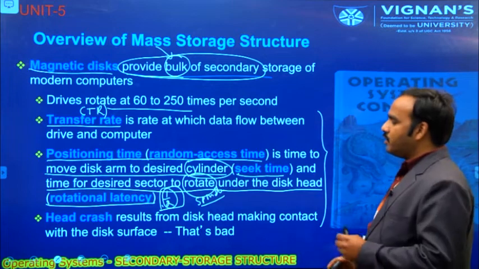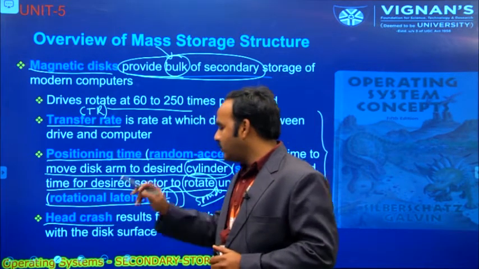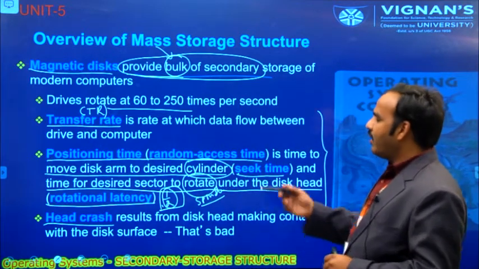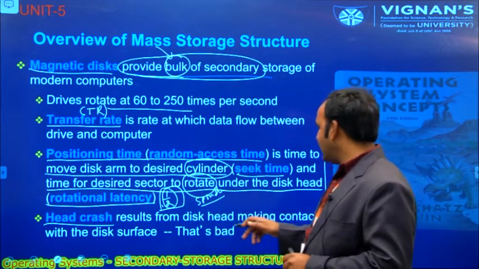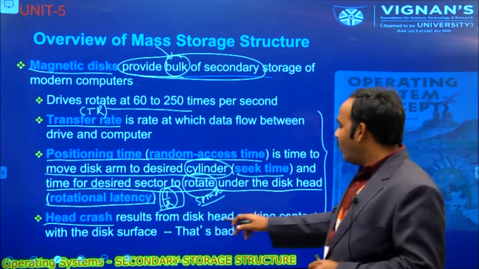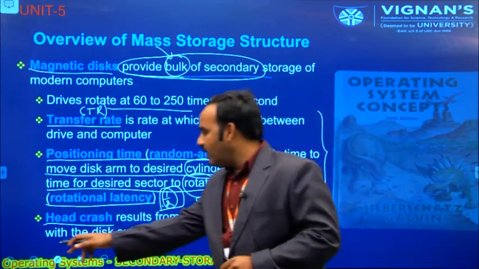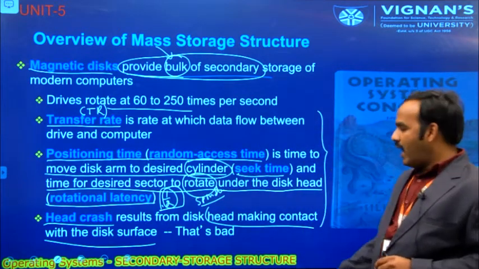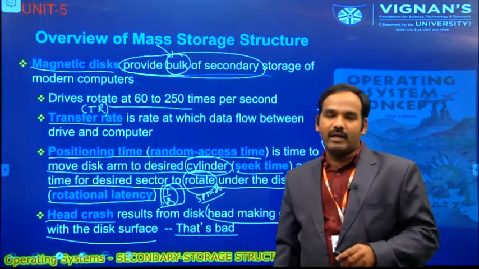And the last point is head crash. I have explained that head crash is also one of the performance characteristics. Head crash results when the head makes contact with the disk surface. That is bad, and this bad accident leads to a head crash.